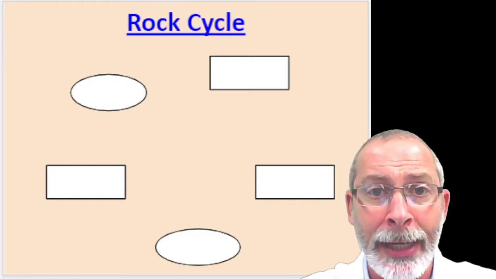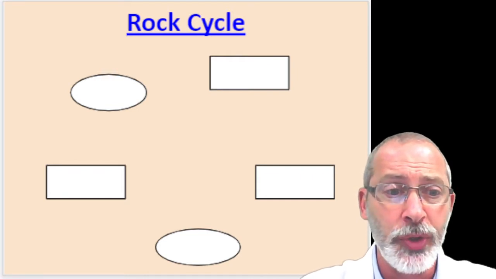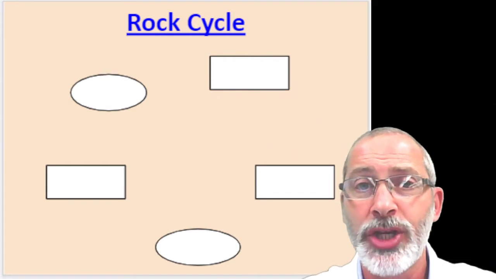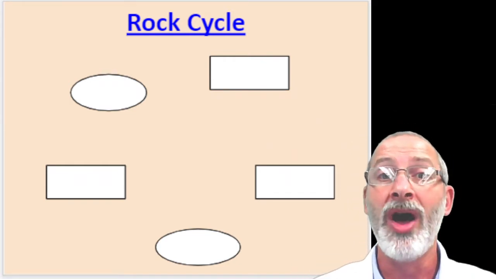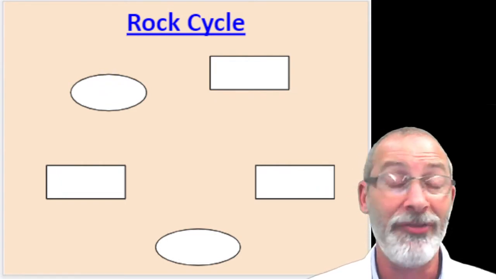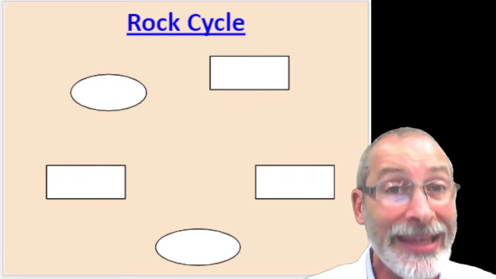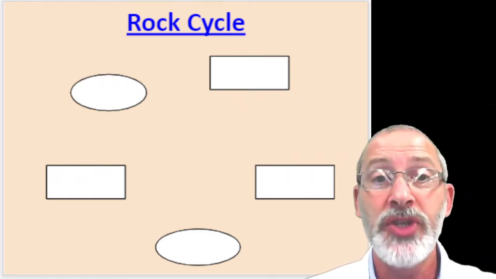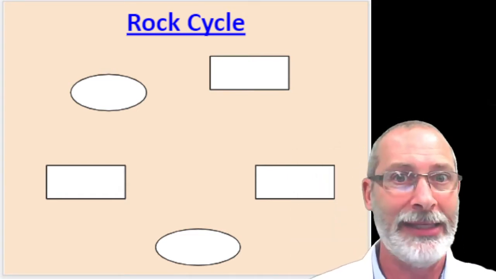Keep that in mind as we talk about the rock cycle, because as we do, I'm going to start us in a particular location, but I want you to remember that there really is no one starting point of the rock cycle because it's continuous. Wherever we begin the rock cycle and end the rock cycle in this video, please know that it continues to go around. It doesn't stop at the end of the rock cycle.